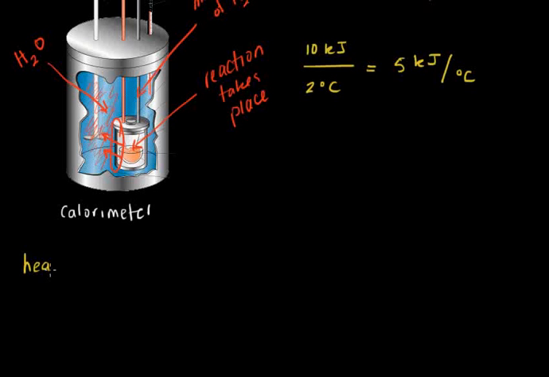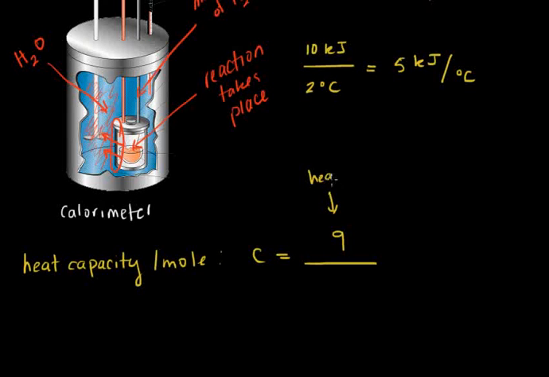So if we define the heat capacity of something per mole, it would look a little bit like this. C, we'll stick with C as our variable, is equal to Q, which is just a symbol for heat. You're going to see that a lot in thermochemistry. Q is heat, divided by delta T, the change in temperature, times n, just the number of moles.